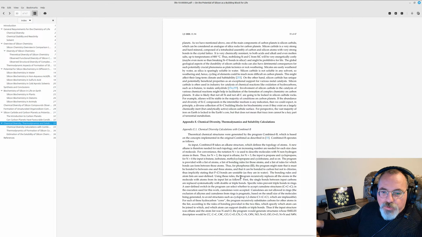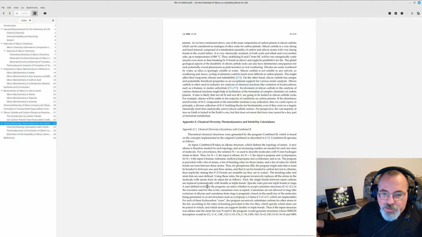Using these rules, the program recursively replaces all the atoms in the molecule with atoms from the input list as follows. First, the single bonds between input carbons are replaced systematically with double or triple bonds. Specific rules prevent triple bonds in rings.